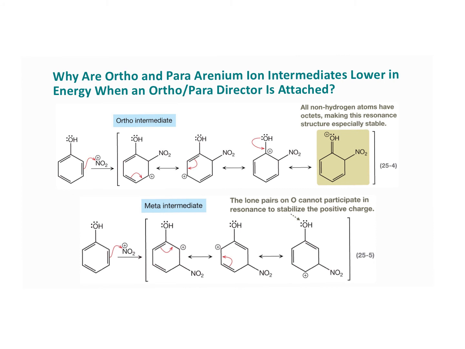And so when we look to see why this is true, let's look at the ortho and meta intermediates that are produced from the nitration of phenol. So this is the first step where phenol is nitrated. And if we were to form a meta, these would be the intermediates here. And when we form an ortho, these are the intermediates here.